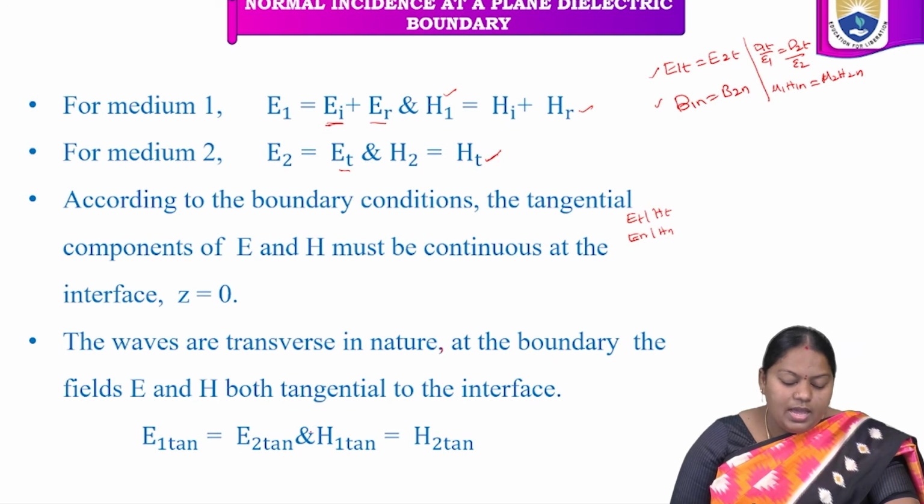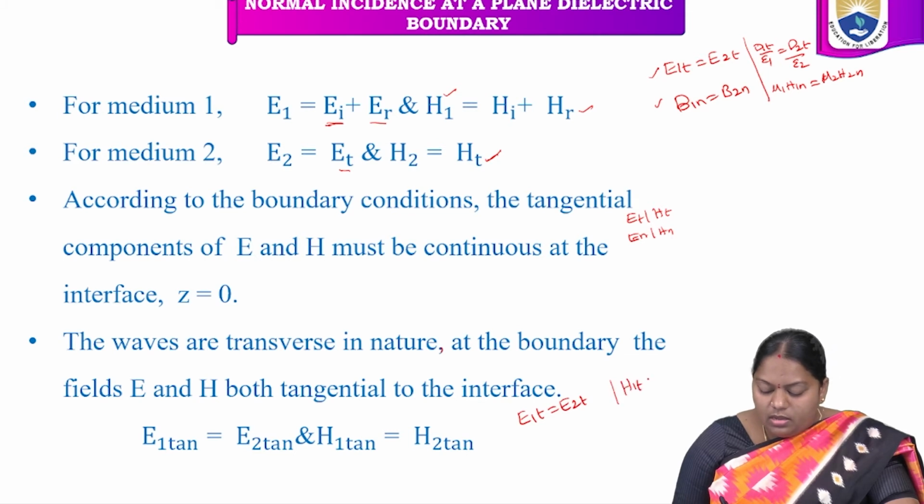The fields E and H are both tangential to the interface, which means both are continuous at the interface. And according to the boundary conditions between two dielectric media, we have the equations E1 tan is equal to E2 tan and H1 tan is equal to H2 tan. Simply we can write it as E1t equal to E2t and H1t equal to H2t.